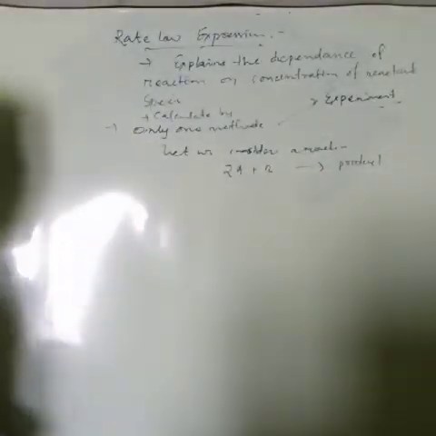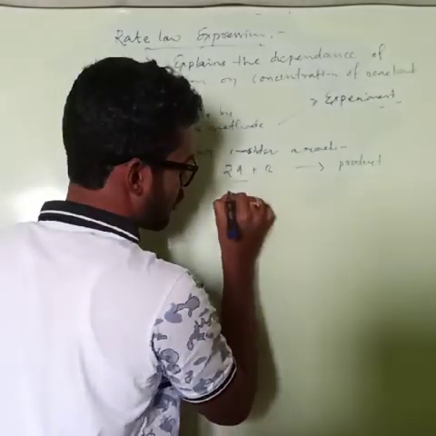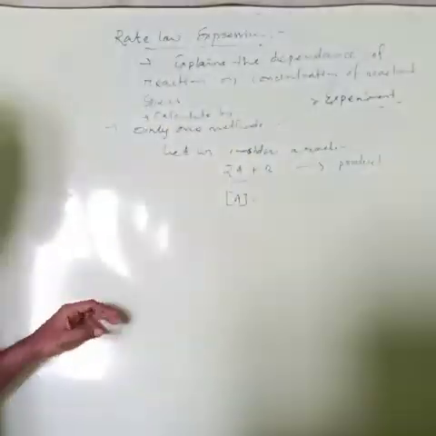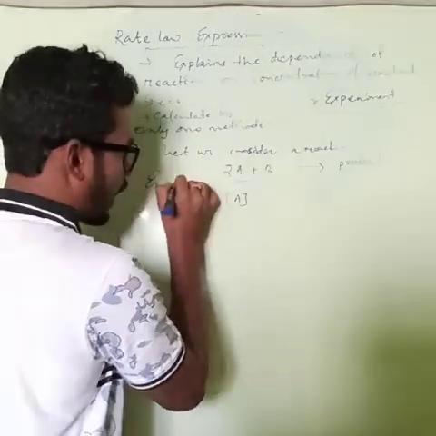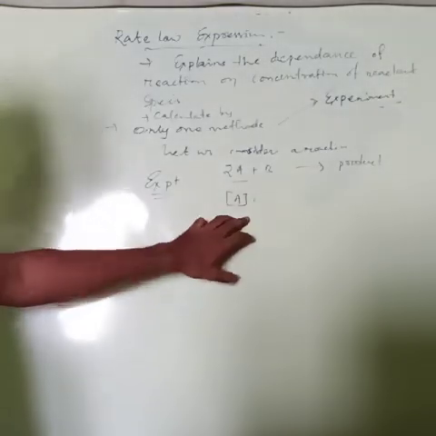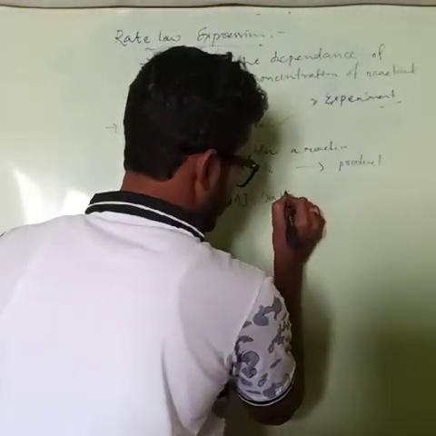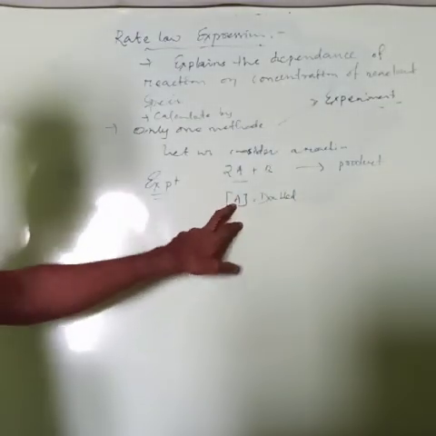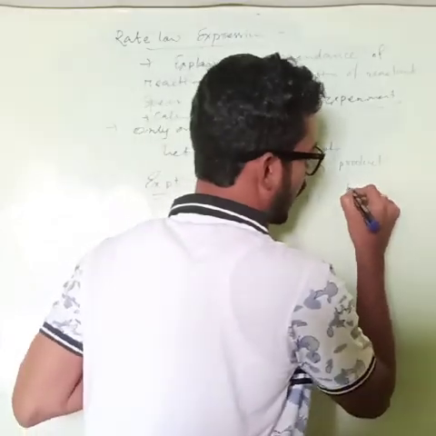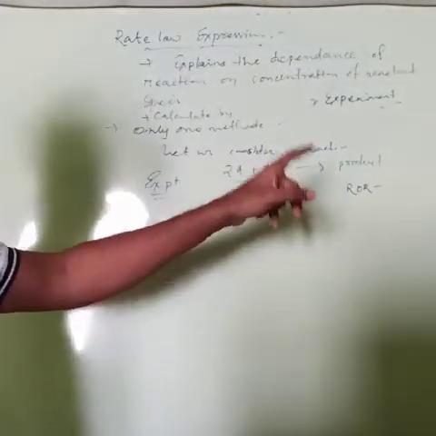Suppose, by experiment, you started the experiment and the concentration of A is doubled. You just doubled the concentration of A and you got to know the ROR. ROR is rate of reaction.